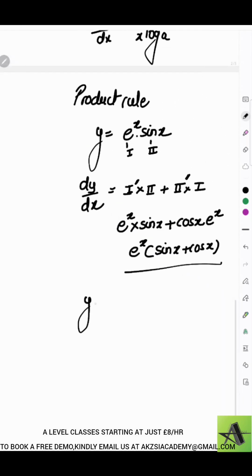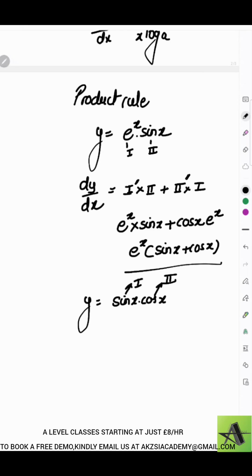Let's say I'm multiplying sine x times cos x. Well, this can be done by trigonometric identity as well, but here I'm using product rule. So I can name any function as first function and second function. So let's say this be first and this be second.